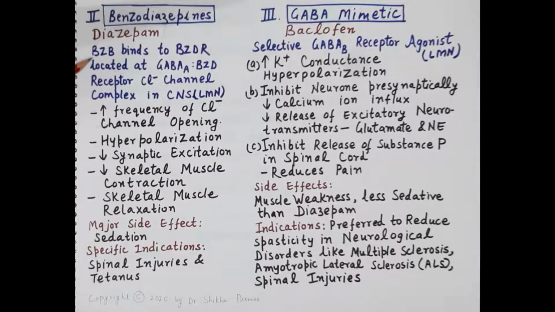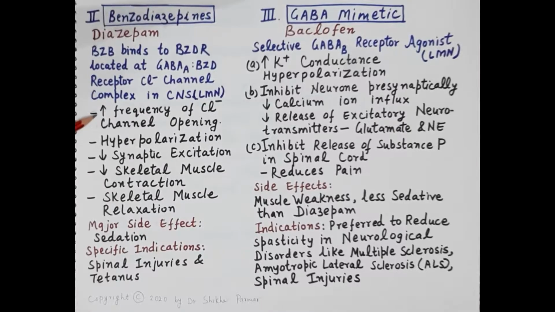Benzodiazepines bind to benzodiazepine receptors which are located at the GABA A benzodiazepine receptor chloride channel complex in the central nervous system, that is on the lower motor neuron, and by binding to these receptors, benzodiazepines increase the frequency of chloride channel opening, which causes increased influx of chloride ions in the lower motor neuron, hyperpolarization in the lower motor neuron, generation of inhibitory postsynaptic potential in the lower motor neuron, which causes reduced synaptic excitation of lower motor neuron, and which is responsible for the relaxation of skeletal muscle.